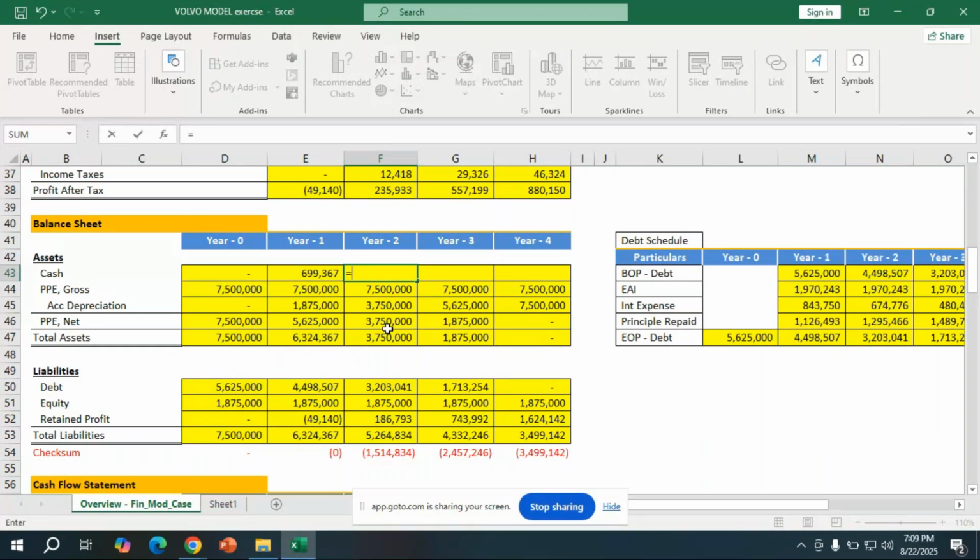It is 15,14,054 rupees. For year three, equals to this amount.